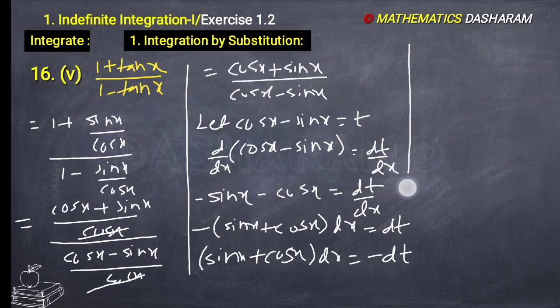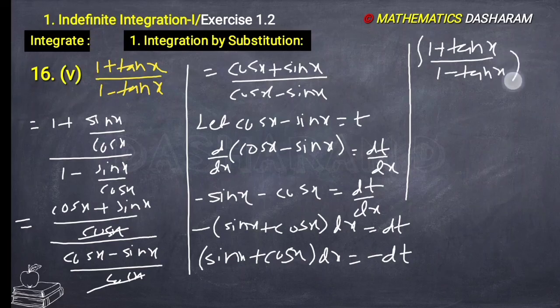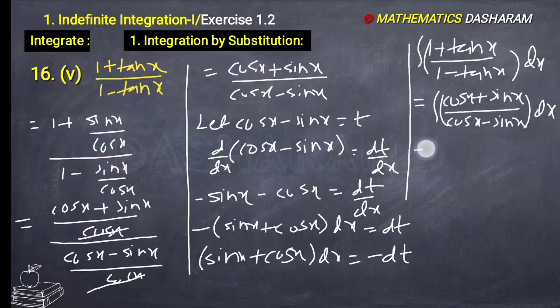So now integration of 1 plus tan x divided by 1 minus tan x dx, it is simplified as cos x plus sin x by cos x minus sin x. Now substitute the values in this. Here cos x minus sin x equals t, so 1 by t.